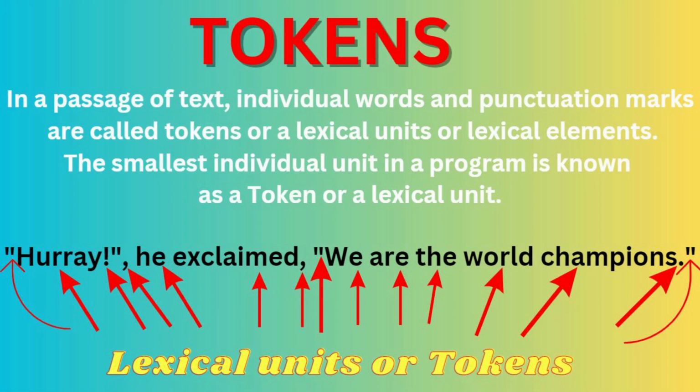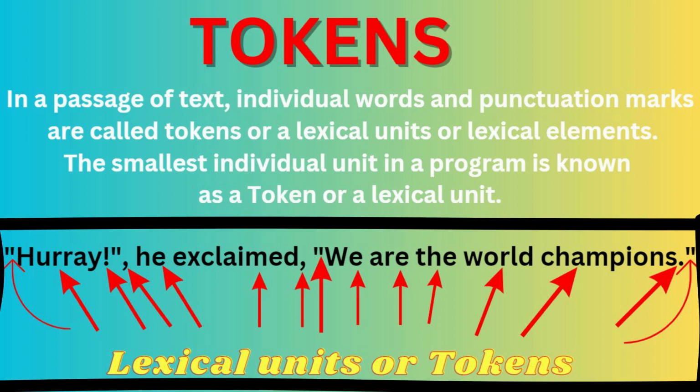Now I go to tokens. What are tokens? In a passage of text, individual words and punctuation marks are called tokens. All lexical units, all lexical elements. The smallest individual unit in a program is known as a token or a lexical unit. I just give an example.